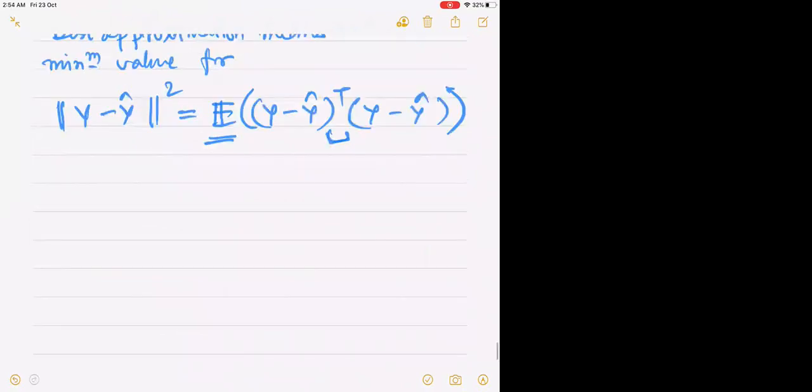But then, because it's an inner product space, this length has been derived from the inner product.